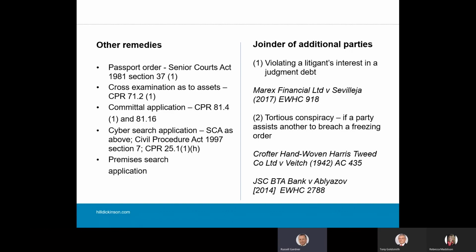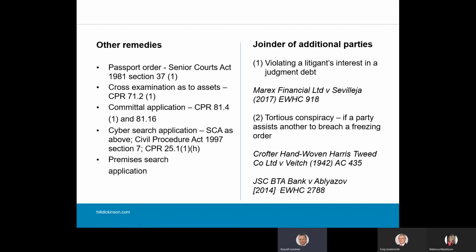The first is what's called the Marex jurisdiction. It's quite novel. It's a 2017 case. In fact, the substantive decision was published yesterday by the Supreme Court, but that related to the substantive proceedings. What I'm talking about is an application that was made fairly early on to serve out.